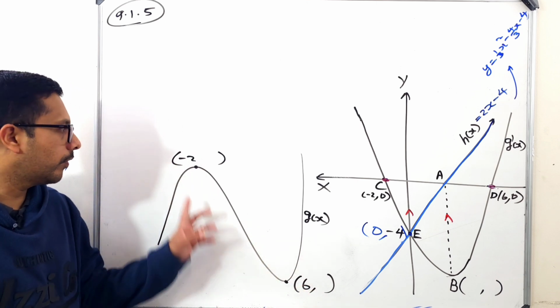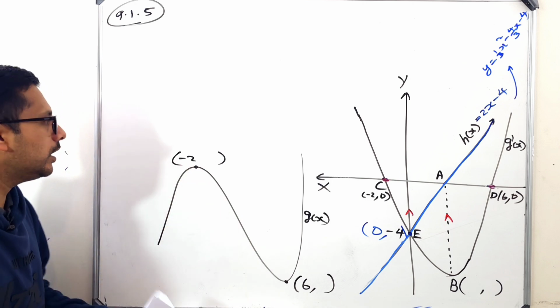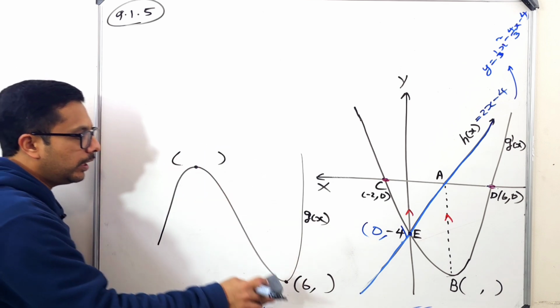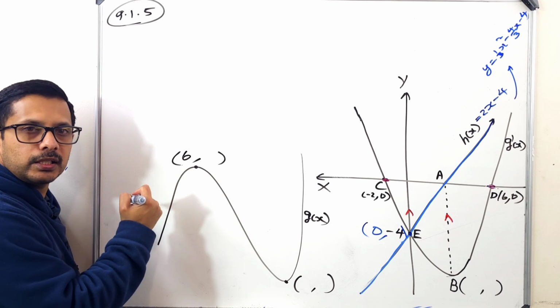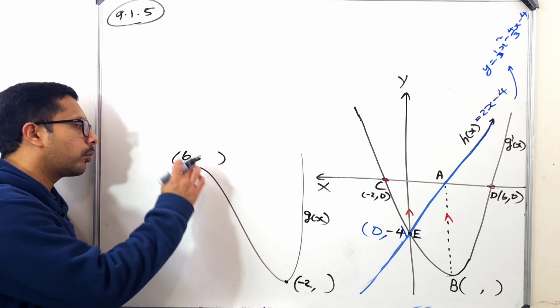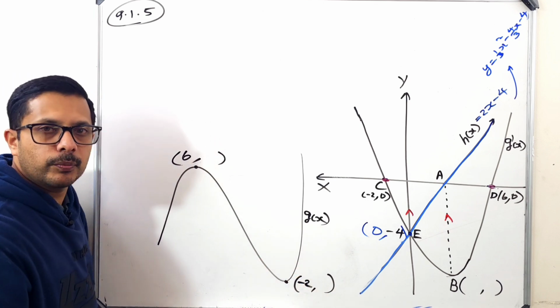In effect, the question is: why didn't you write 6 here and -2 here? What is the reason? You understand? That is the meaning of the question.